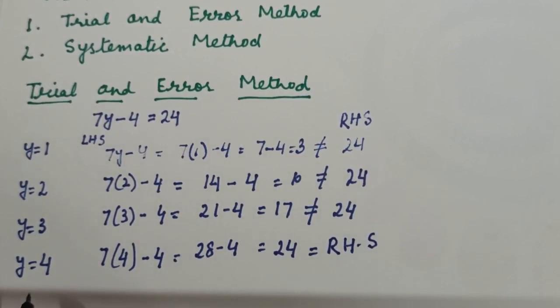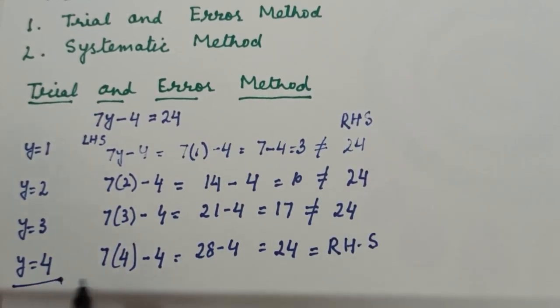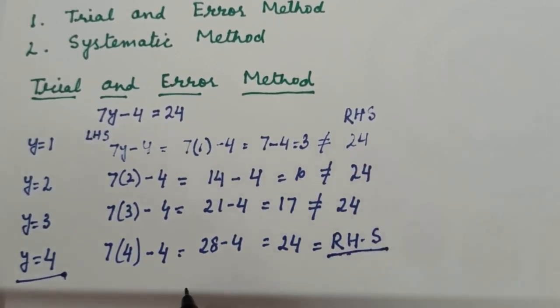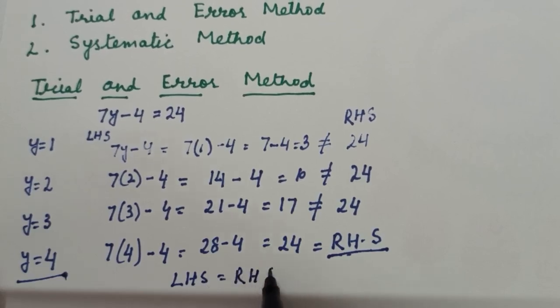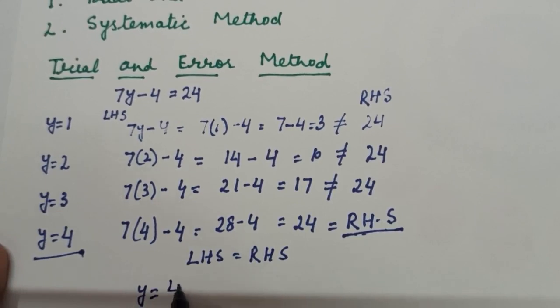So we can say that y is equal to 4 is the value for which our left hand side comes equal to right hand side. So we will say that y is equal to 4 is the solution.